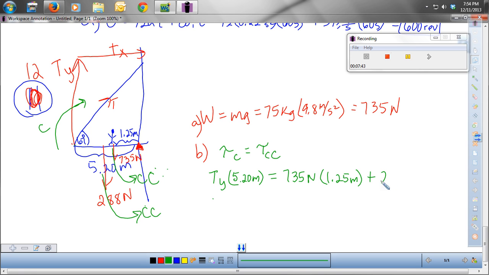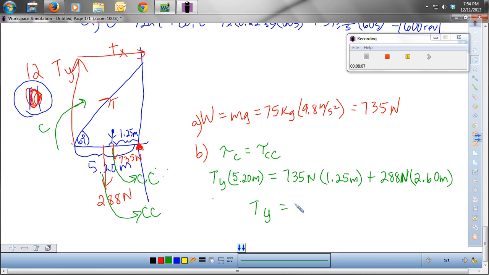And then I have the weight of the bar, 288 newtons, and its weight is right in the middle. So from here over to here is 2.60 meters, because half of 5.2 is 2.6. So I'm going to multiply this times this, add them up, and then divide by 5.2. And that will give me my Ty. So when I did that, I got Ty to be 320.7 newtons.